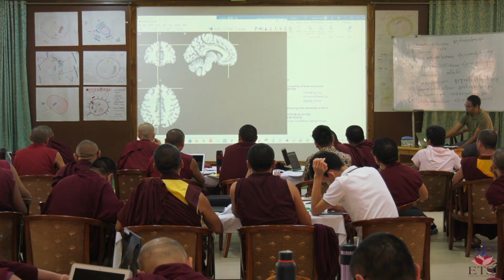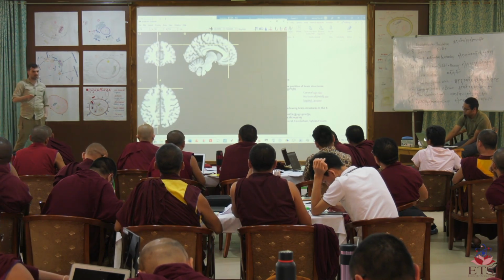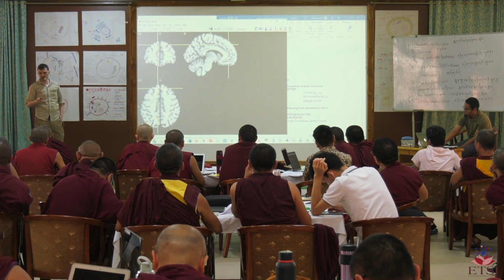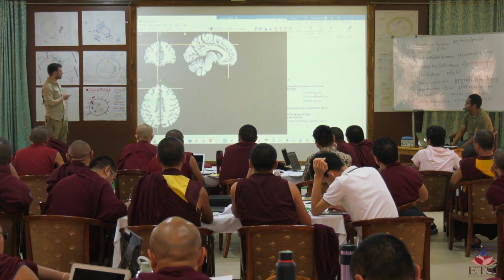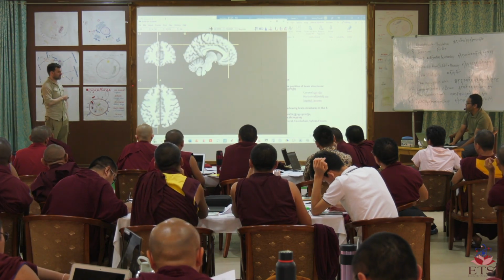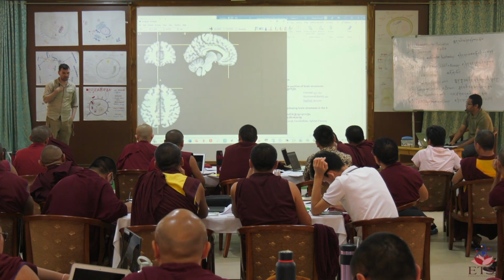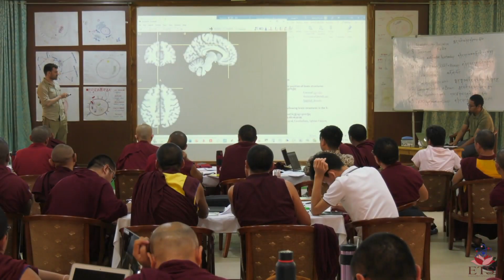And so I bring this up because it's actually very important for researchers to have this coordinate system. So if I'm studying the brain, and I'm really interested in something that's right here, I think that there's a function right here.